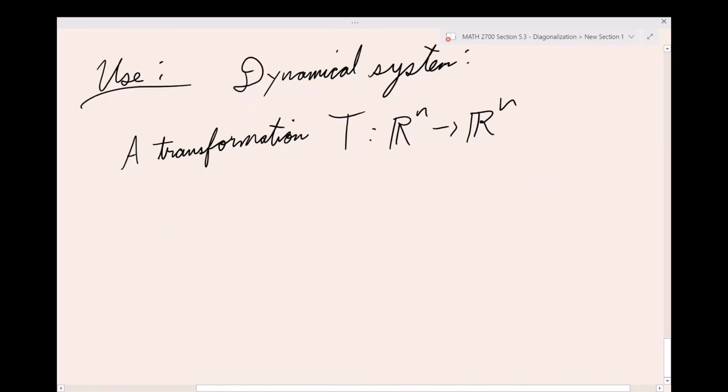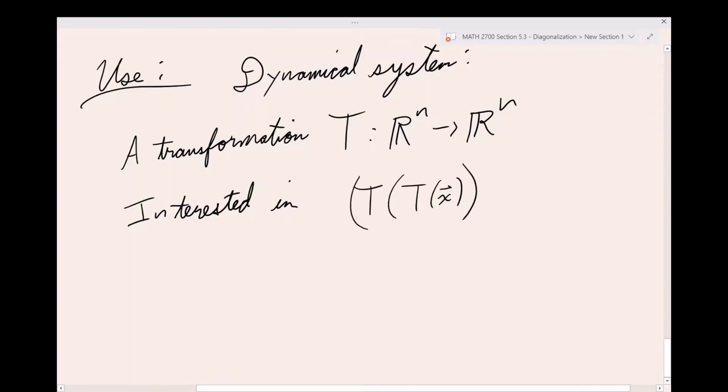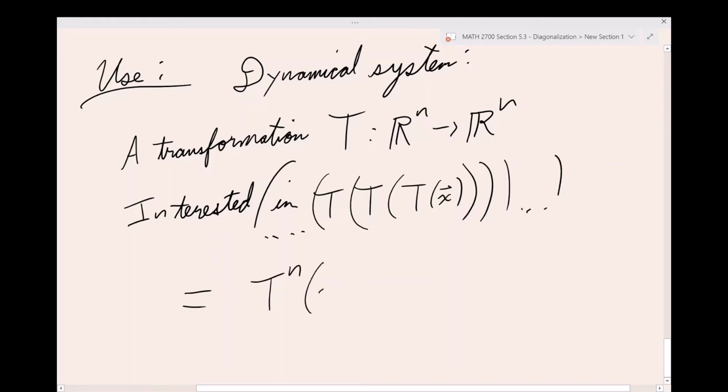And we're interested in powers of that transformation. In other words, I look at where it sends some point, but then I want to know if I apply the same transformation again, where does the point go? And if I want to apply the same transformation again, where does the point go? And on and on and on, right? In other words, I'm interested in applying that transformation many, many times.